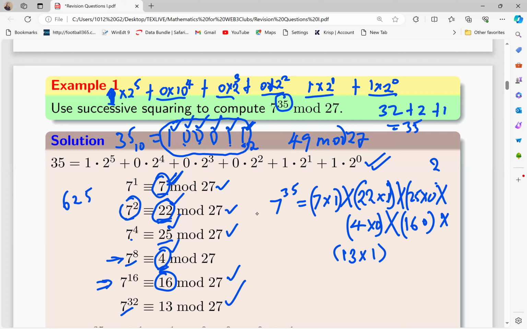Is that okay? So what that means is that 7 raised to 35 would be the same as 7 times 1, then times 22, then times 13.